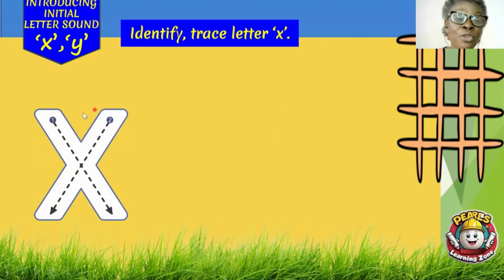Okay. So if you look, you see number one, and then these dotted lines right here. And then number two, you go here and then you bring it. So it's like a cross. You crisscross your arms. That's what it is. Okay. All right. So let's get a pen. I'm going to use a pen and you would use your pencil. So when you put your pencil on paper, this is what teaches you which direction you go.